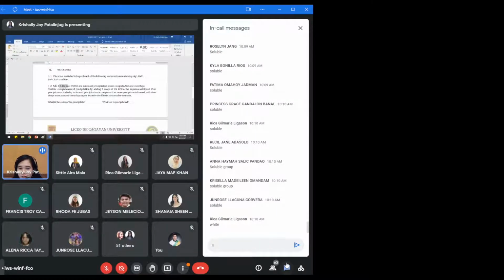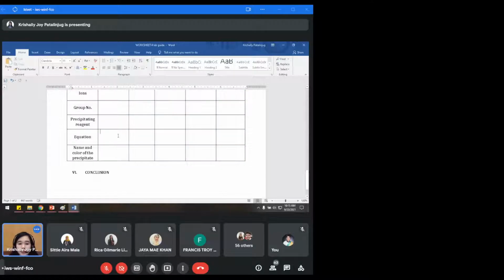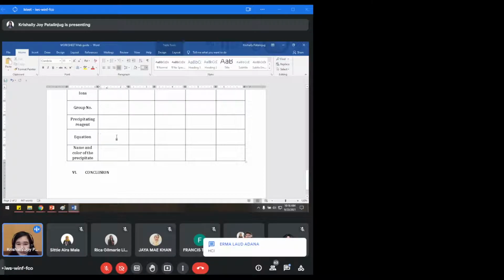First procedure, you added HCl. Ano yung magre-react sa HCl among these 5 ions? The silver ion, any form of its test solutions. This is silver nitrate added with HCl, you get the double displacement product. So silver nitrate plus HCl, then it's your responsibility to answer what is the product. That's the complete equation, and from it you can answer the precipitate. Yung silver sa product, yan yung precipitate, kaya na-precipitate out si silver.